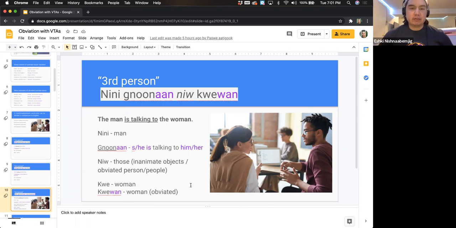So it's just the context of the story that you would know whether it's one or two, or you could say Niniganunan nish kwewan. But it's the same. There's no plural obviated ending for transitive. Or you couldn't say kwe one nug or kwe one nun. You just keep the same kwe one.